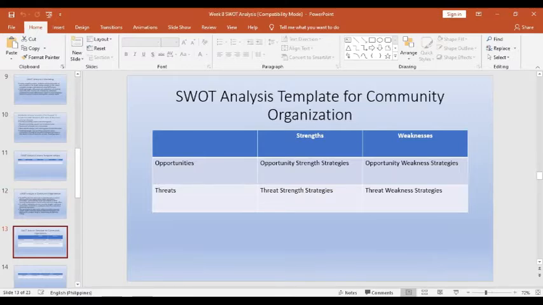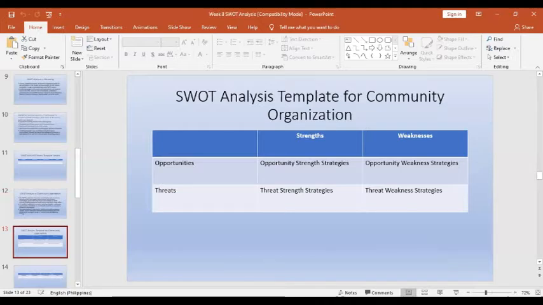If you combine the opportunity and strength, you can establish opportunity-strength strategies. And quadrant 2 is the opportunity and weakness strategies. So you can also identify the weaknesses and the opportunities, and what strategies can be used to address the weakness and opportunity. On quadrant 3, the threat and the strength.